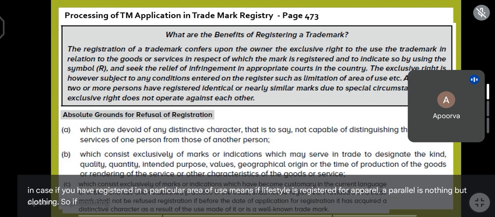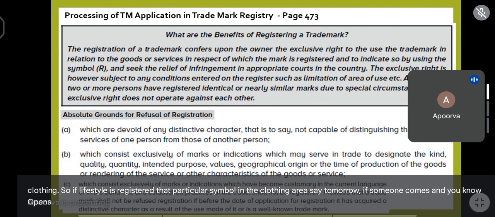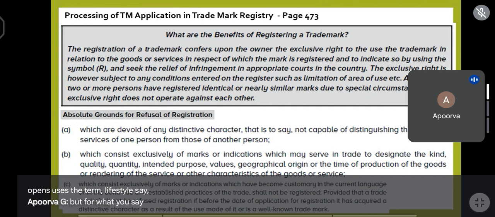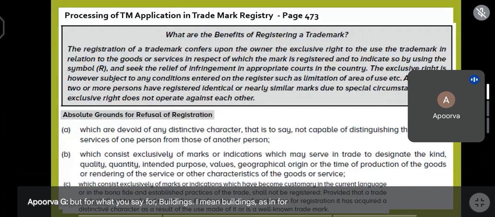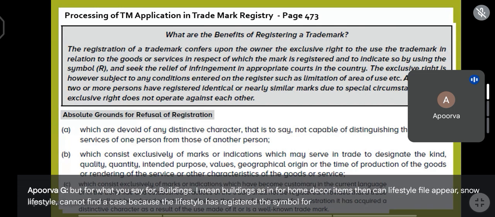So if Lifestyle is registered for that particular symbol in the clothing area, say tomorrow someone comes and uses the term Lifestyle for home decor items. Then can Lifestyle file a case? No, Lifestyle cannot file a case, because Lifestyle has registered the symbol for apparel use only.